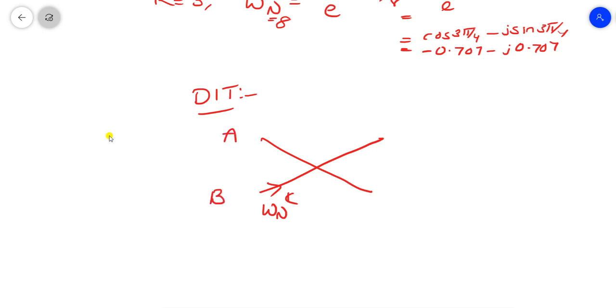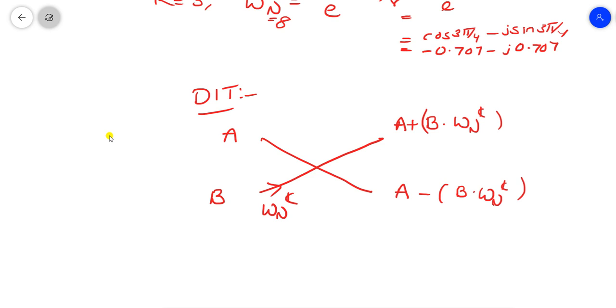This twiddle factor is multiplied with B first, and after the product, it is added with A, which gives A plus B into W_N to the power of k. For the other output, A minus B into W_N to the power of k. This way we determine the decimation in time butterfly.